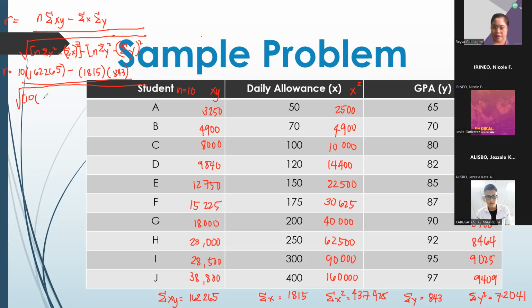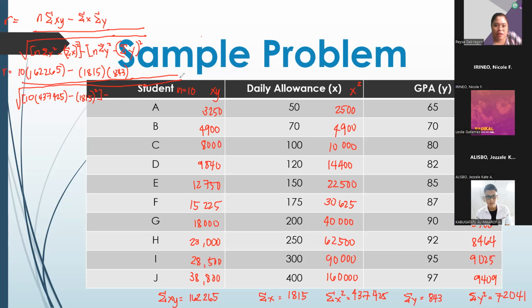Summation of x squared is 437,425. Minus the summation of x. The summation of x is 1,815, and then we are going to get the square of this. Okay? And I have limited space.